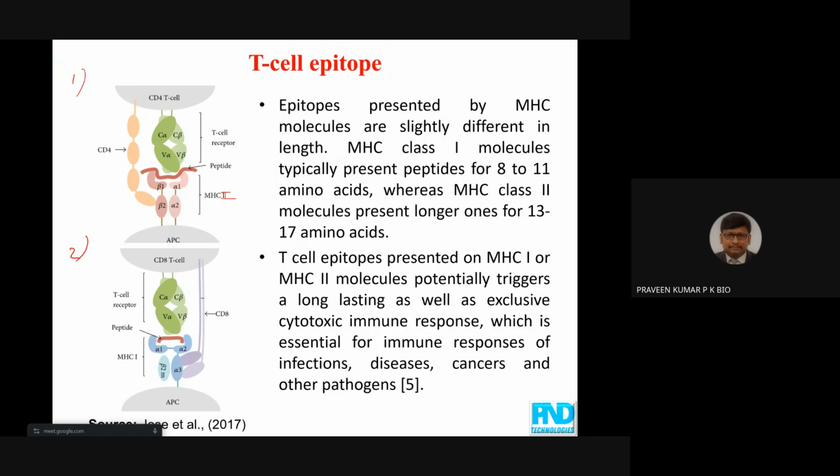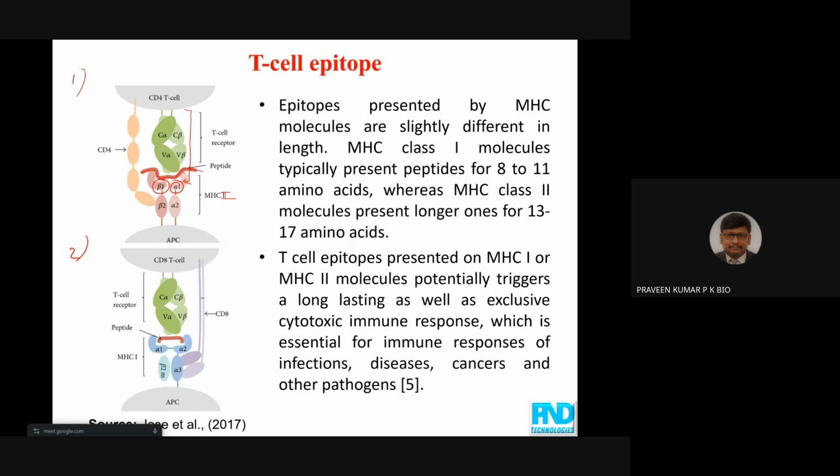Other than this CD4 to MHC2 interaction, the T cell receptor also interacts with this MHC molecule. On the surface of MHC2 sits the antigen, and it binds with two different units: one is alpha 1, the other is beta 1. These two units hold the antigen.